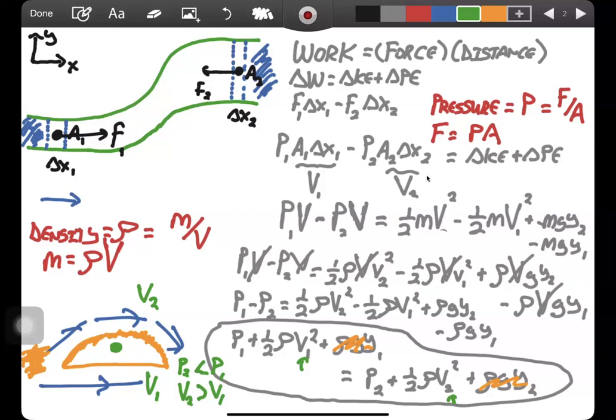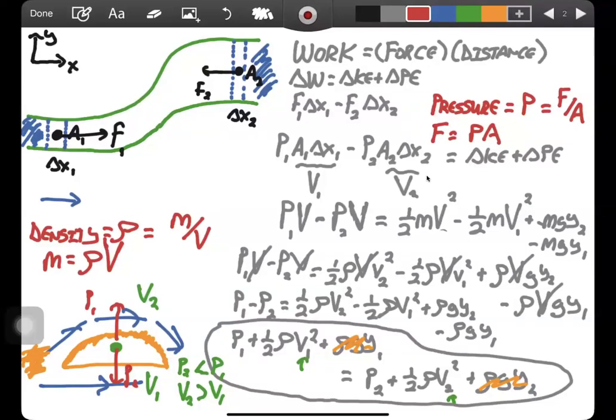Essentially you have a P2 and a P1, the pressure exerted on the wing from the top and bottom, respectively.